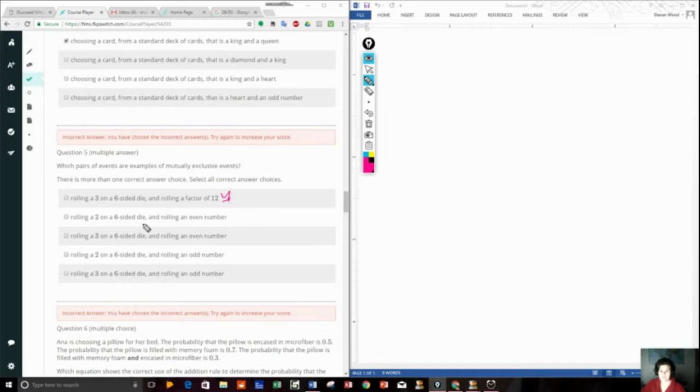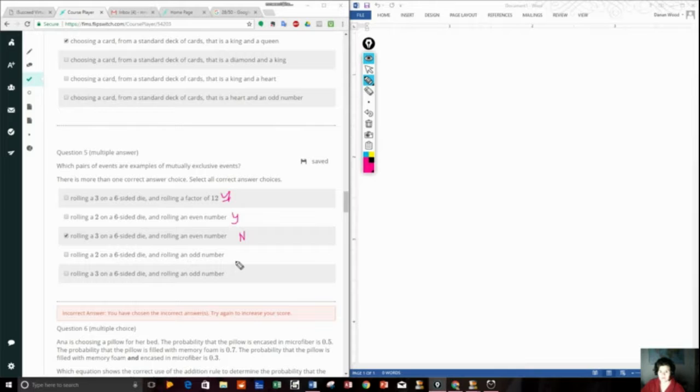Rolling a 2 on a 6-sided die and rolling an even number. Well, since 2 is an even number, they could happen at the same time. So they are not mutually exclusive. Rolling a 3 on a 6-sided die and rolling an even number. Since 3 is odd, not even, they couldn't happen at the same time. That means they are mutually exclusive. Rolling a 2 on a 6-sided die and rolling an odd number.